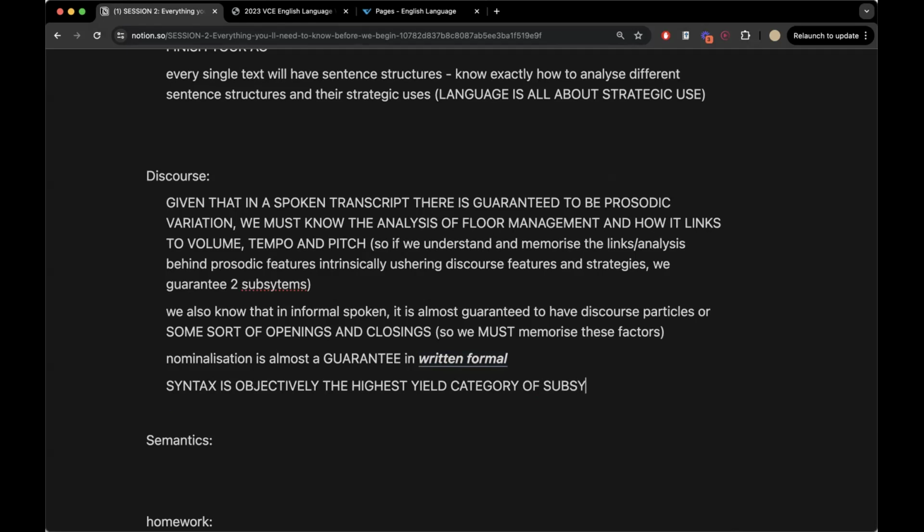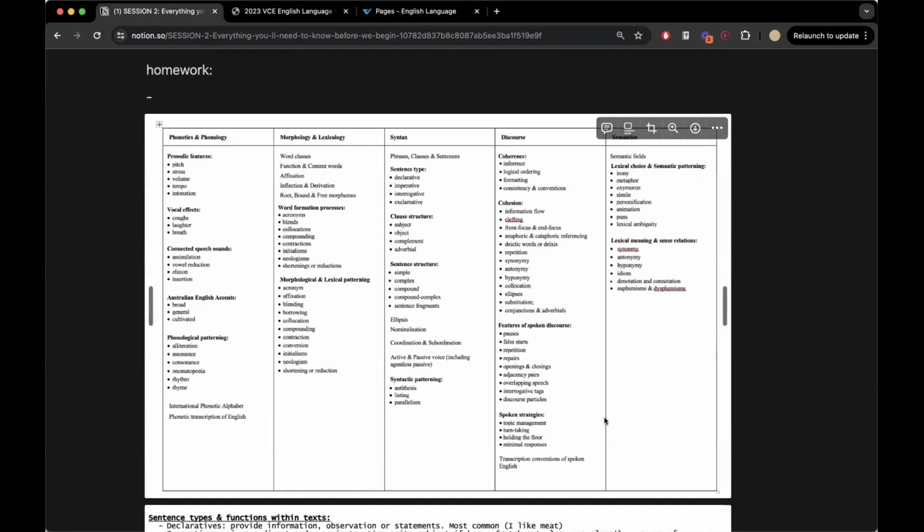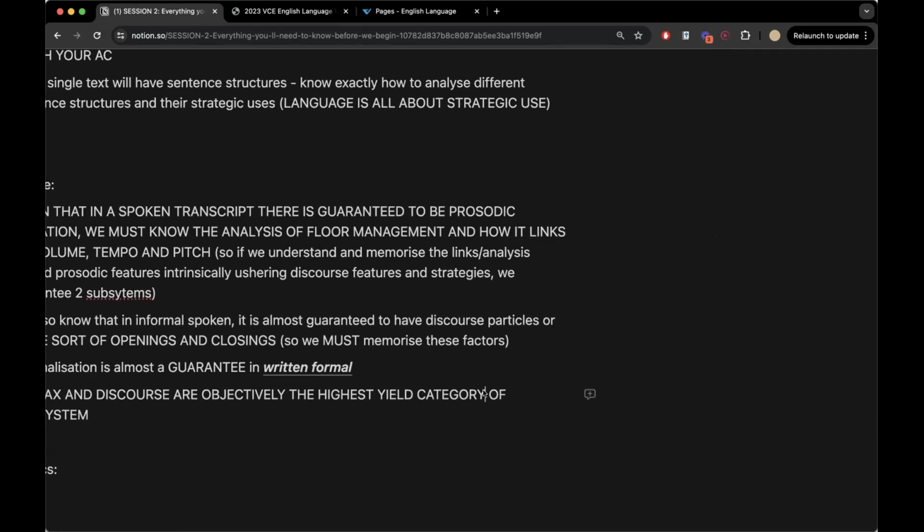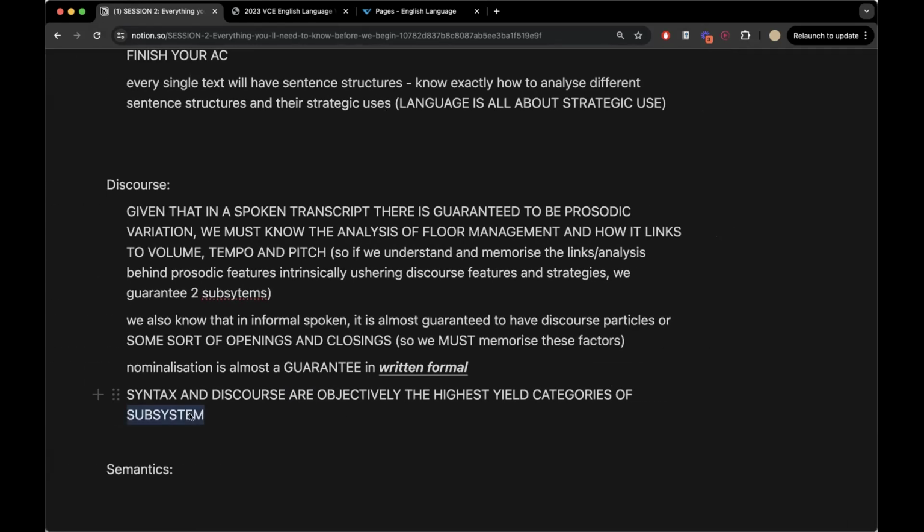category of subsystem, right? And that is because, I'd say, syntax and discourse both together, right? Syntax and discourse are objectively the highest yield categories of subsystems, right? Highest yield subsystems to analyze because they are so inevitable. But so are word classes, right? But there's a difference between the morphology of word classes and the inevitability of syntax and discourse, right?